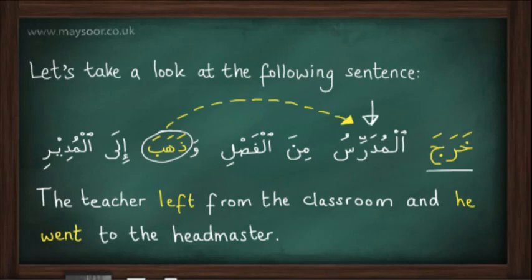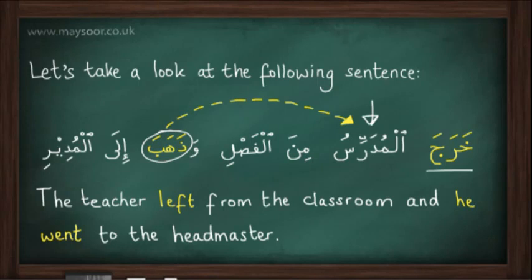So there's no need to mention al-mudarrisu, the teacher, again after the verb ذهب. So it would be incorrect to say خرج المدرس من الفصل وذهب المدرس إلى المدير.